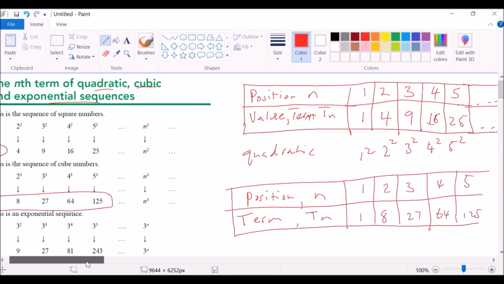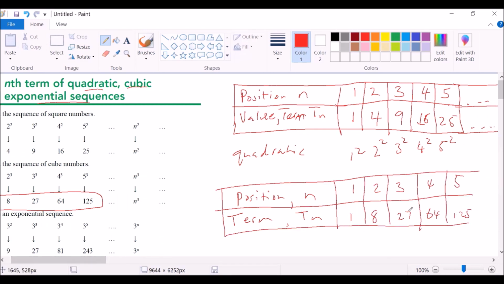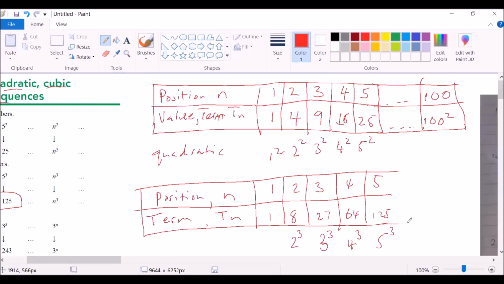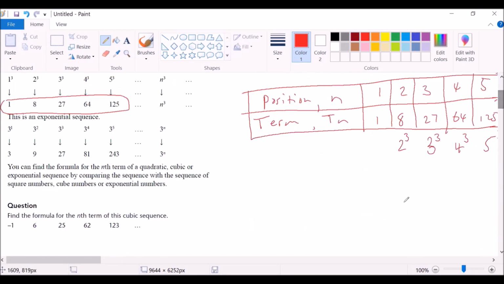Now, we can see that these are perfect cubes. 1 cubed is 1, 2 cubed is 8, 3 cubed is 27, 4 cubed is 64, 5 cubed is 125. So for any term in the sequence, if we want the 100th term, it will be 100 cubed.